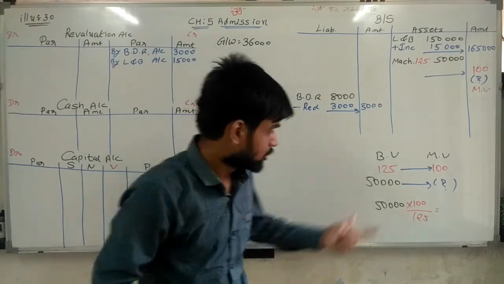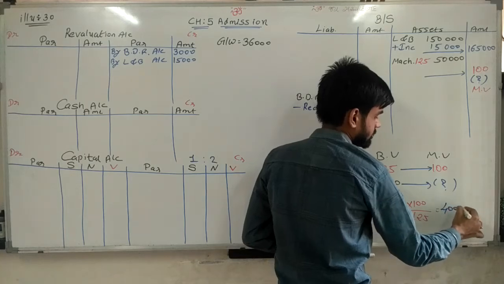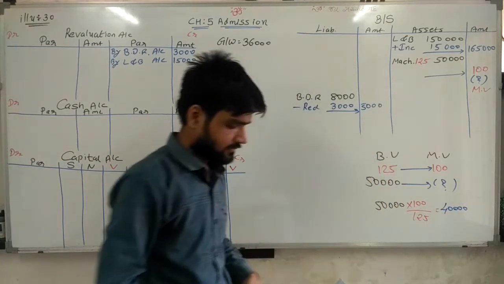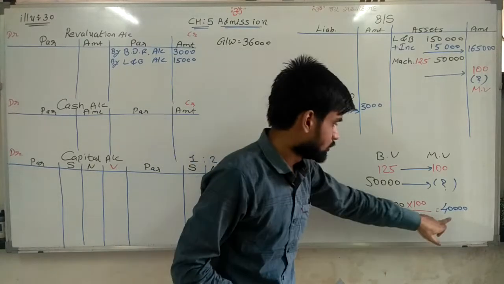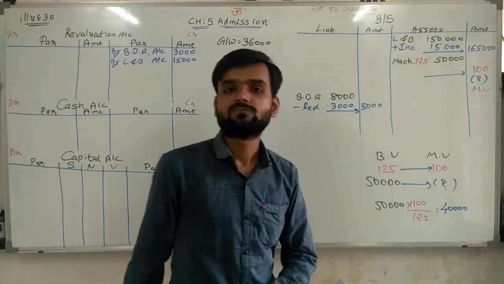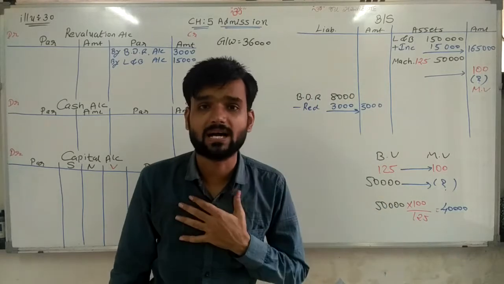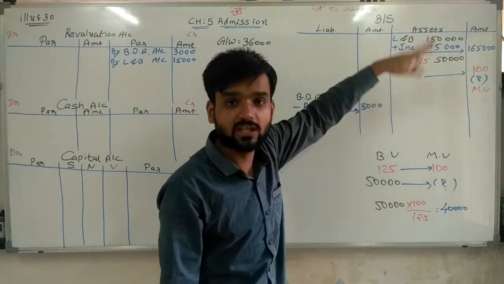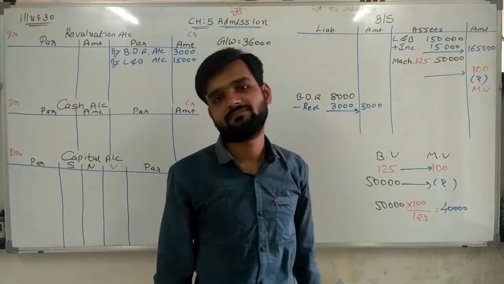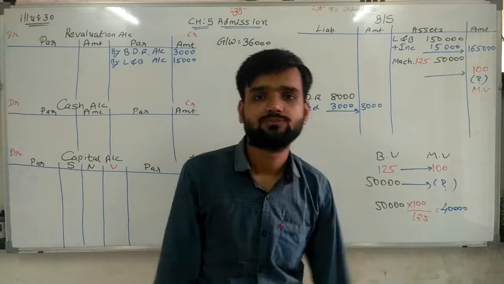So you will get the answer 40,000 rupees. So this 40,000 rupees is my value of market, the value of machinery in the market. So this 40,000 is market value.